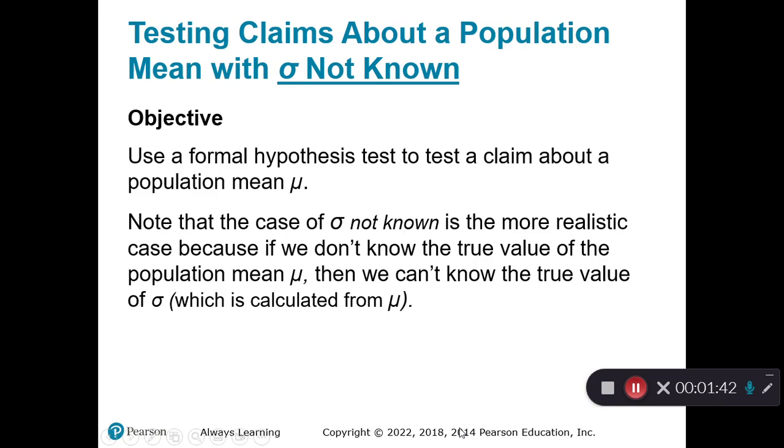If we do encounter a problem where there is a value of sigma provided, that means that they're either using a historical value or they're making an assumption about what sigma stands for, but it is not realistic. However, we are going to talk about how to handle those problems where sigma is magically known. However, we'll emphasize problems where sigma is not known.